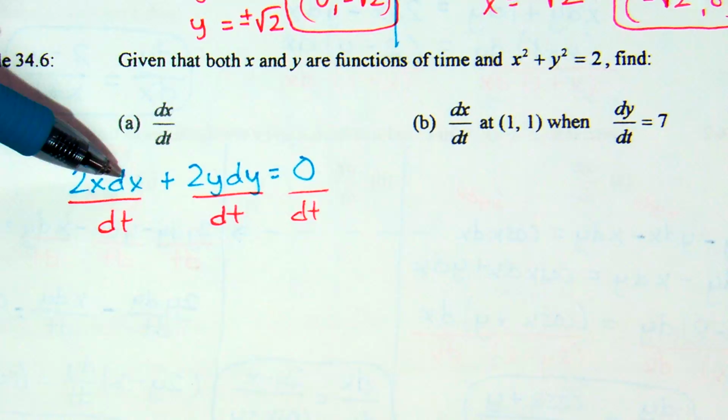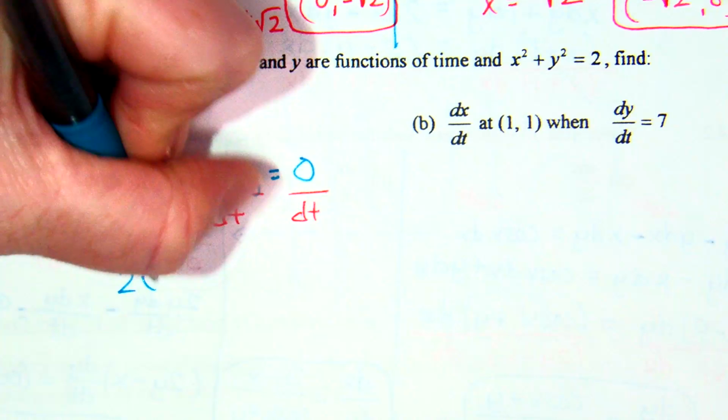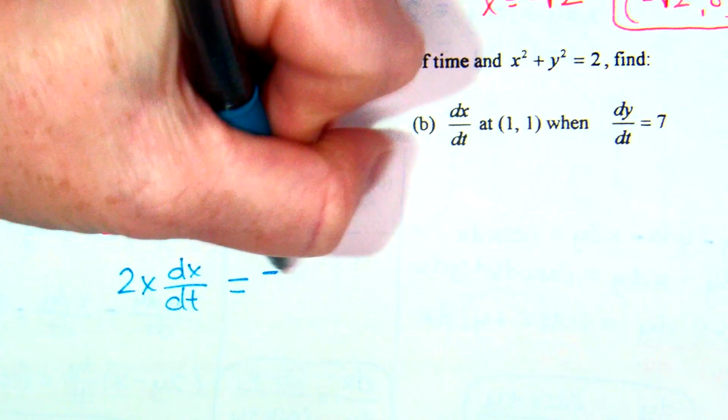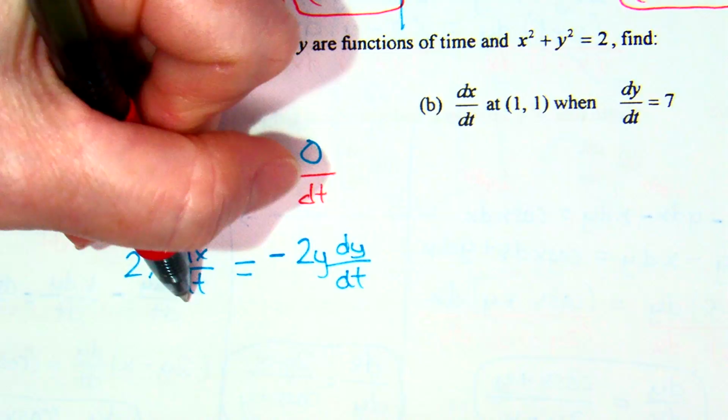What do you guys want to do? Get the dx dt by itself? So I'm going to write it as 2x times dx dt. I'm going to leave that where it is. I'm going to subtract over the dy term, so negative 2y dy dt. To get dx dt by itself, we're going to divide by 2x.